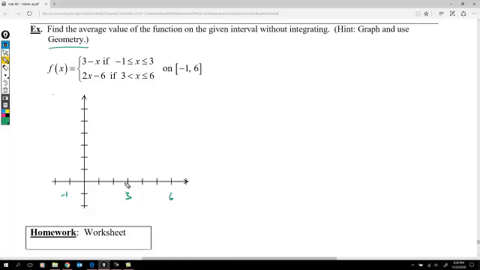So what I want to graph, first of all, is 3 minus x between negative 1 and 3. So that is going to be 2, 3. I'm going to cross there and go up a little bit more.